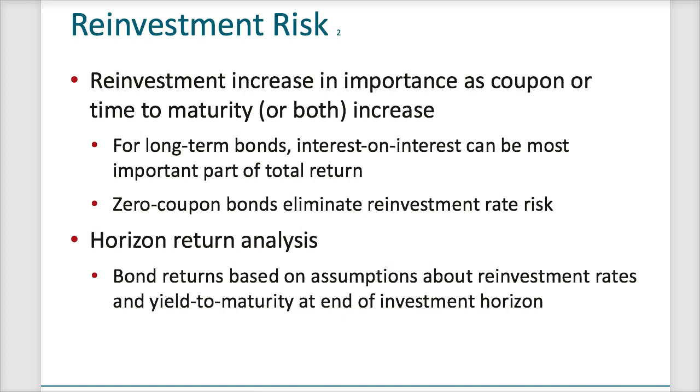So the coupon is going to be a critical factor in how we calculate this. For longer term bonds, the interest on the coupon is going to be more important than for a shorter term bond. Now, a zero coupon bond is going to eliminate the reinvestment rate risk because there is no interest or coupons paid.